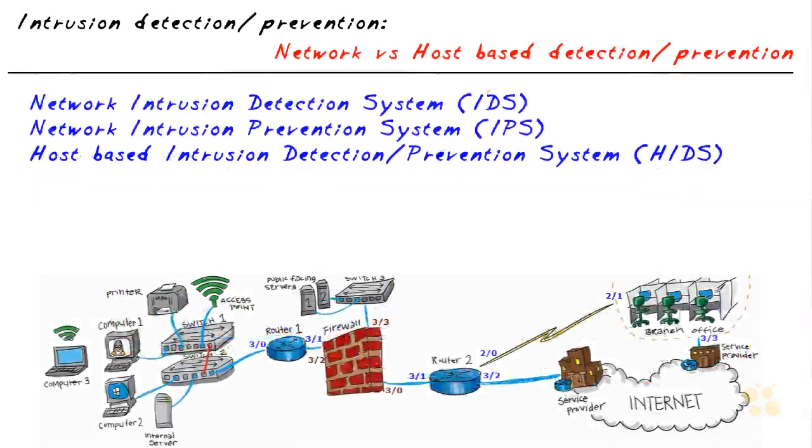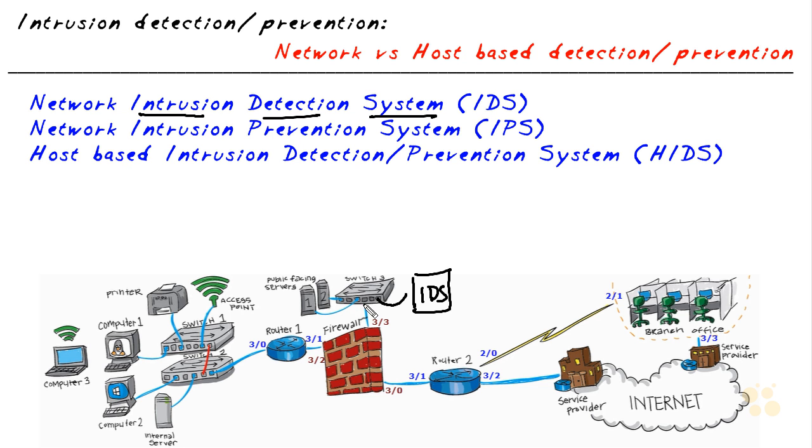Now, vendors have come up with some really amazing solutions to help us identify and prevent those attacks from getting through our network. And one idea was this. For example, we could take one of these switch ports here on the switch, connect an IDS system to it, which is an acronym for Intrusion Detection System.